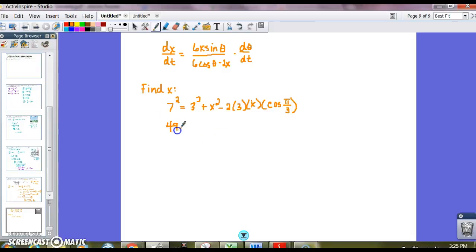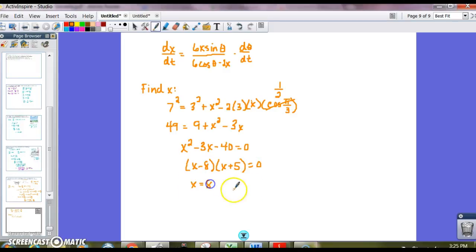Okay, so we've got 49 is equal to 9 plus x squared minus 6x times 1/2, right? Cosine of pi over 3 is 1/2, so that would be minus 3x. So if I move the 49 over, I end up with x squared minus 3x minus 40 is 0. When you factor that, we get x is 8 and x is negative 5. We can't use our negative x value, right, because we're talking about a length. So we have to use x is 8.